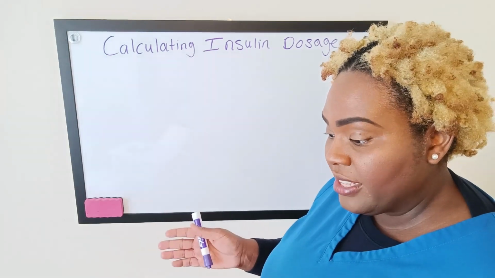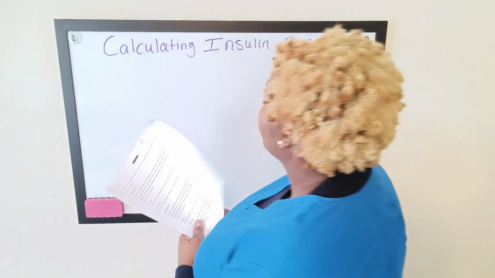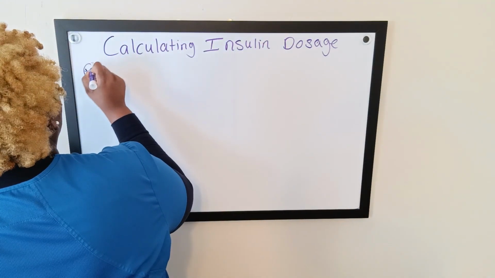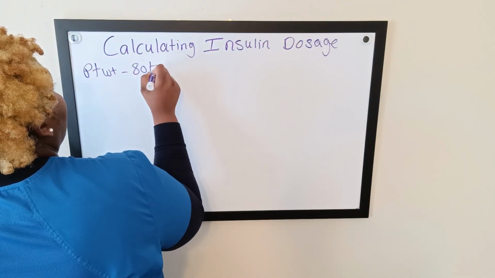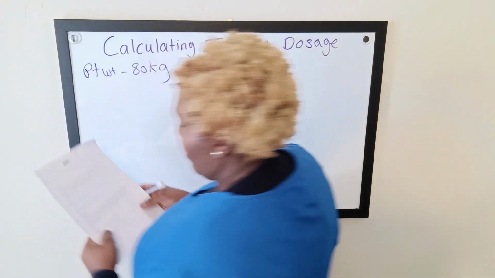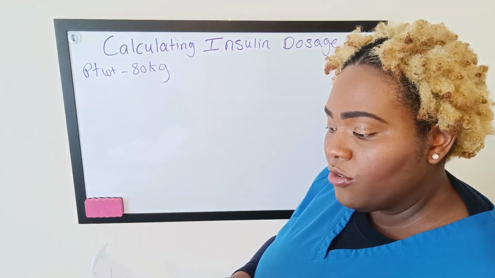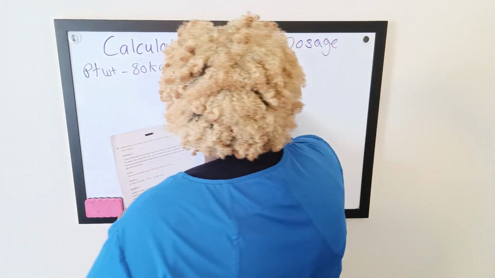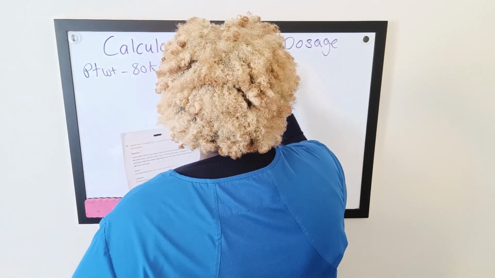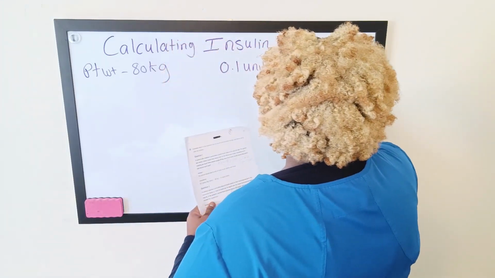So our patient is weighing in at 80 kgs. So patient weight is 80 kgs. And we are giving this patient 0.1 units per kg.